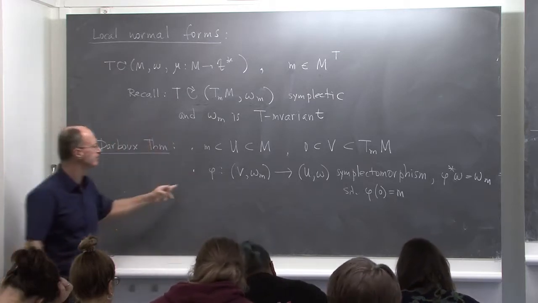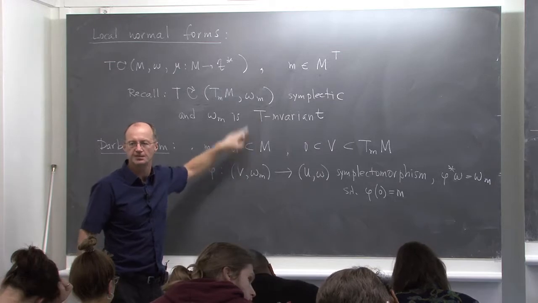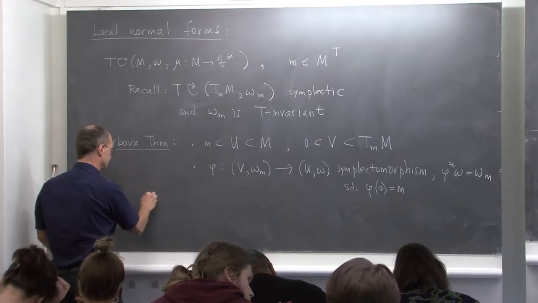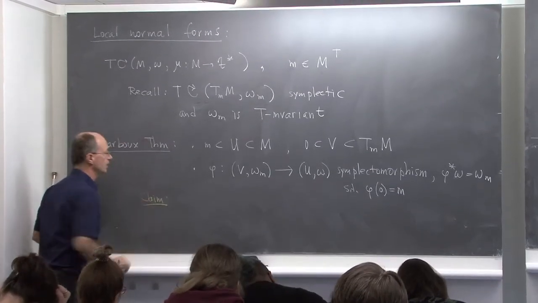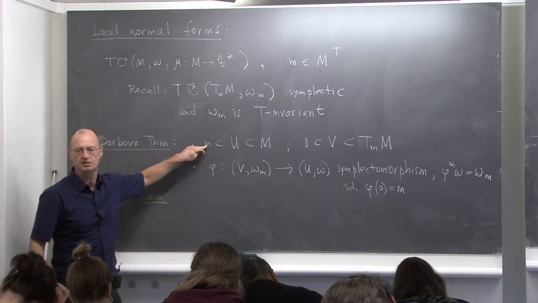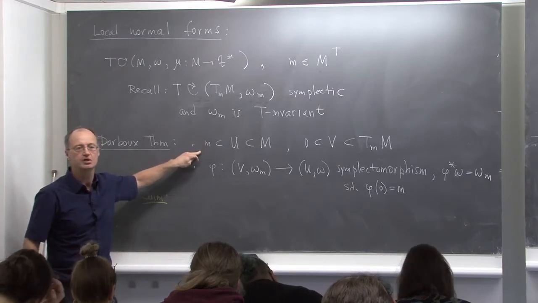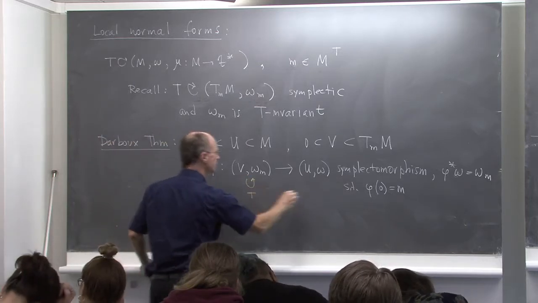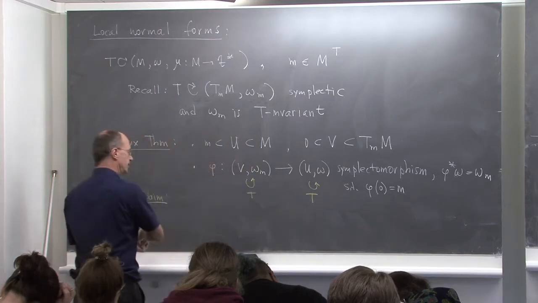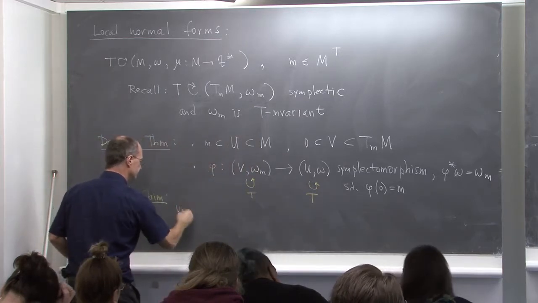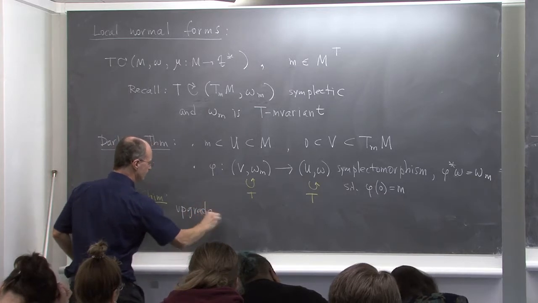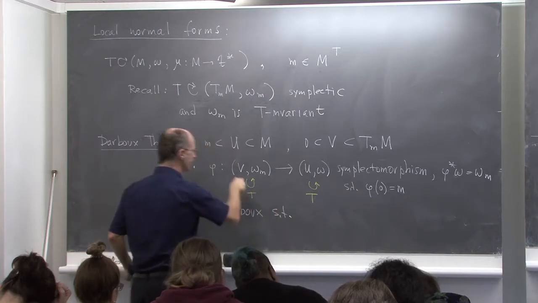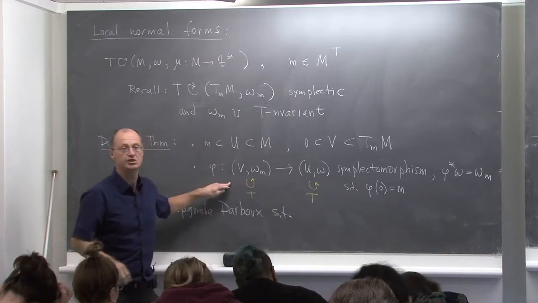Now, in addition, we have now a T action, right? So claim: you can upgrade Darboux such that phi is actually a T equivariant map.